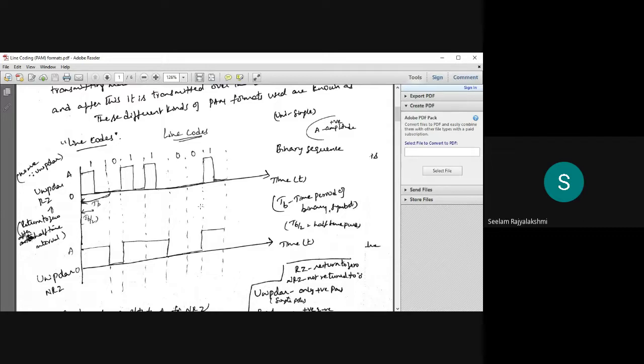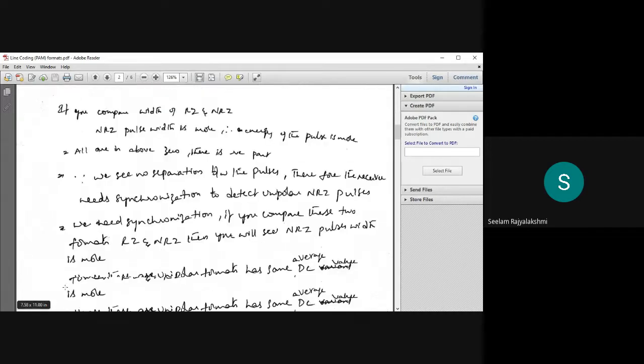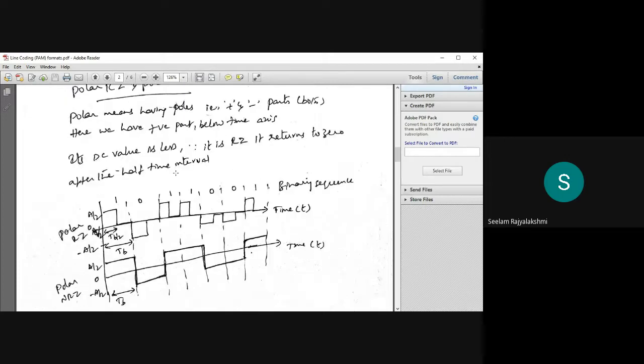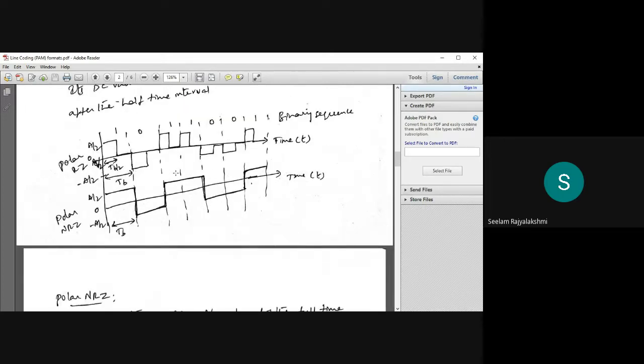Now we have discussed unipolar RZ and unipolar NRZ. Now let us discuss polar. Polar means we have two poles, positive and negative. Let us discuss polar RZ and polar NRZ. Let us see this figure.